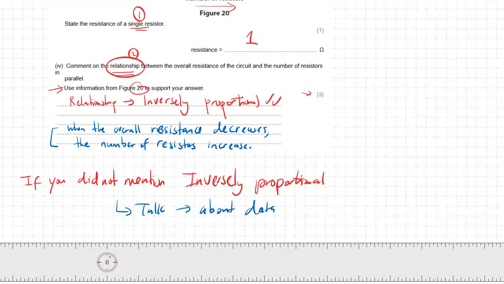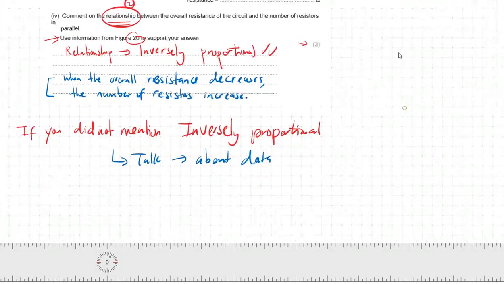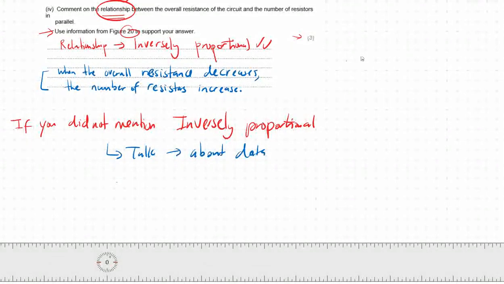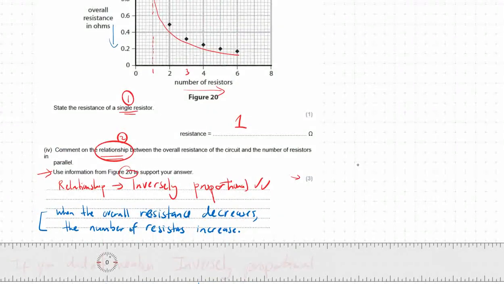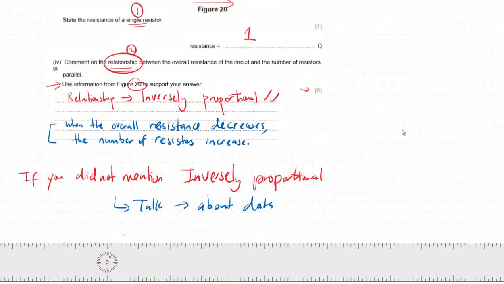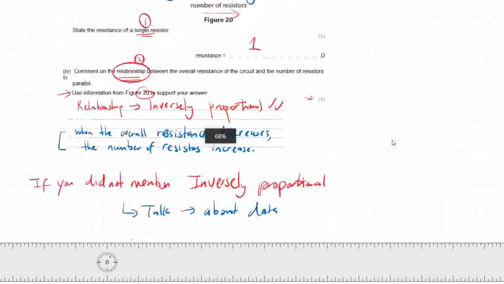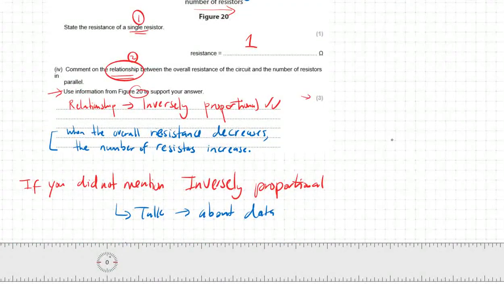So just pick 2 data points, for example. You say when the number of resistors is 1, then the overall resistance is 1, and then when the number of resistors goes to 6, then the overall resistance drops down to probably 0.1, could be 0.18 there. So you can clearly see that it's going down. And this is going to be getting your mark from: use data.